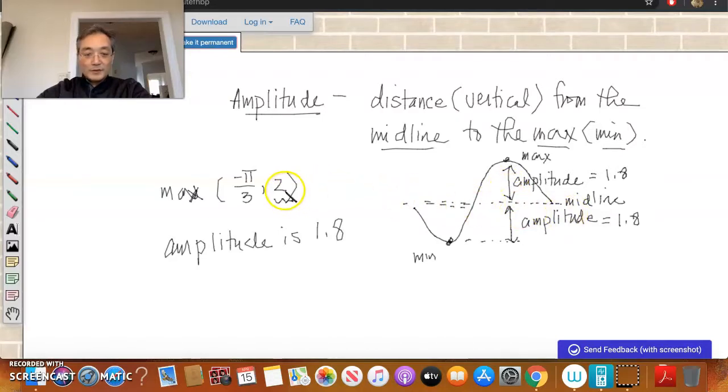So again, since this is at 2, if we take 2, which is the y coordinate of the max right here, and we subtract 1.8. So from here at 2, we go down 1.8, we should now be at the midline, which is going to be at 0.2. Okay, so here it is. That should be our midline.